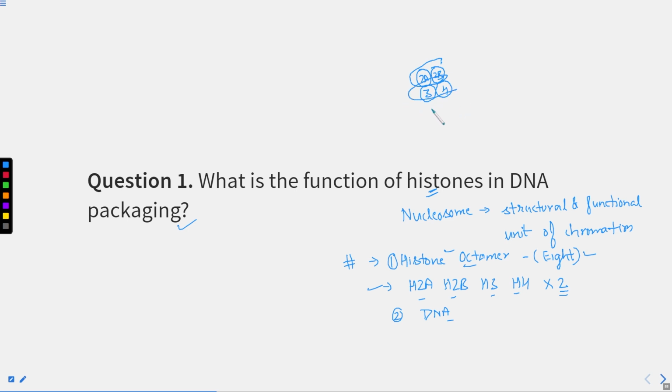So this forms a nucleosome. Nucleosome is nothing but DNA coiled around the histone octamer. And how much DNA is coiled around this? 146 base pair of DNA is coiled around this histone octamer. So this is the nucleosome, which is the structural and functional unit of the chromatin.